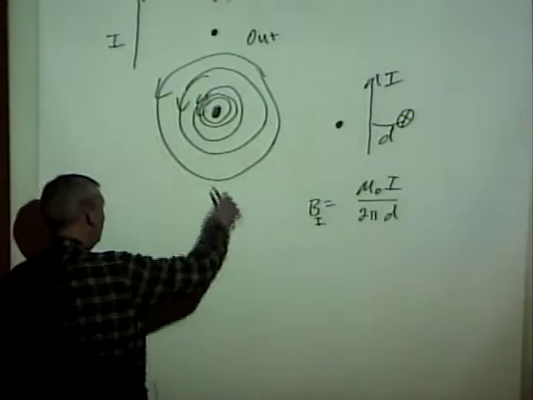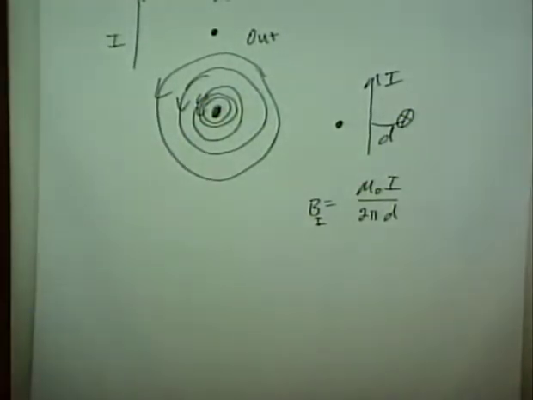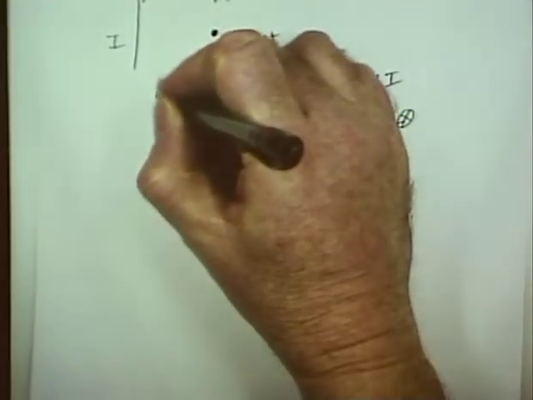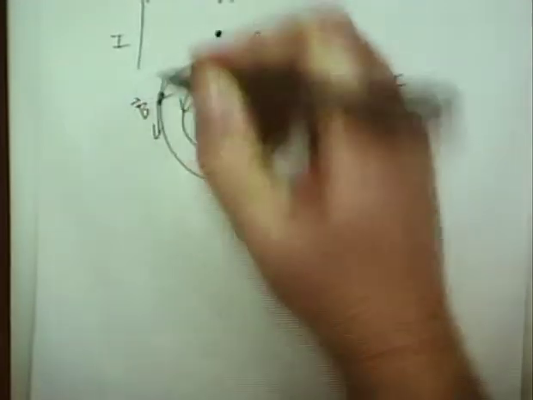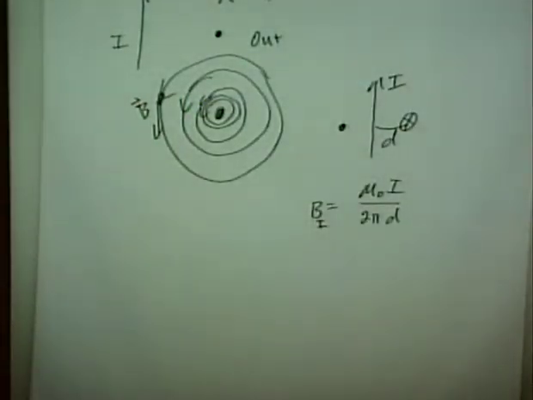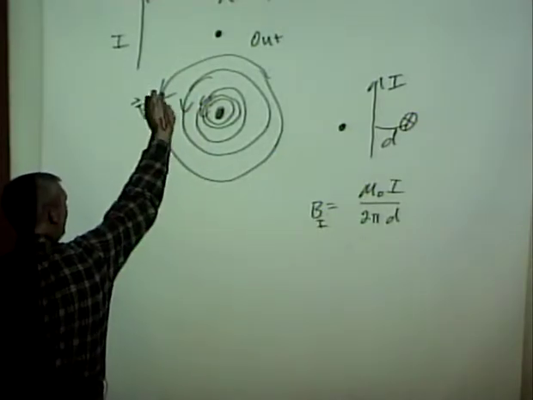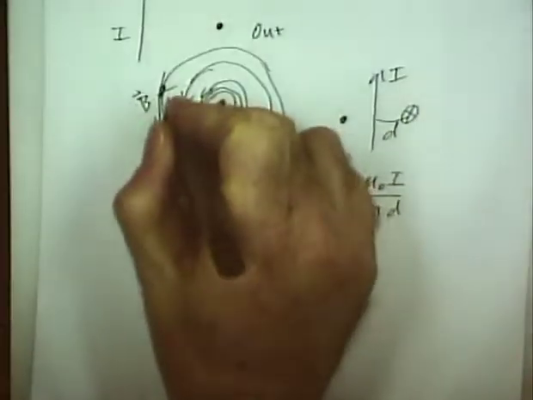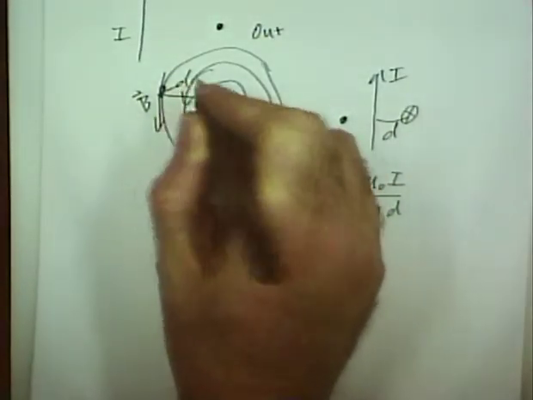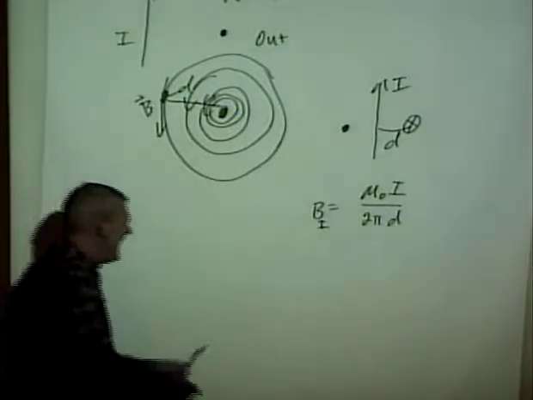So if I want to find the B field right here, that one's pointing down, that one's for this wire right here. I put my thumb in the direction of the current, which is coming out. That B field is going down right there, and it would be this distance away from the wire, D. Okay.